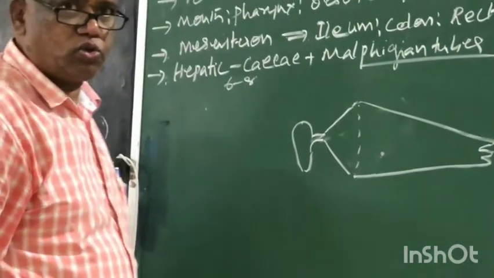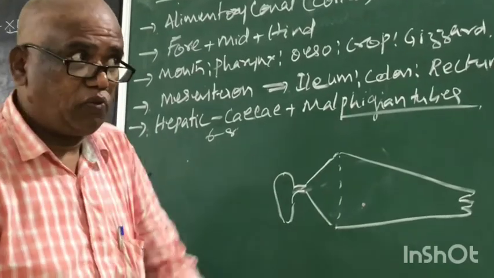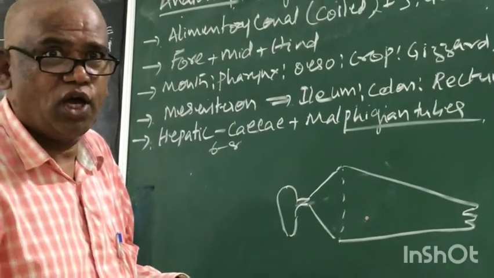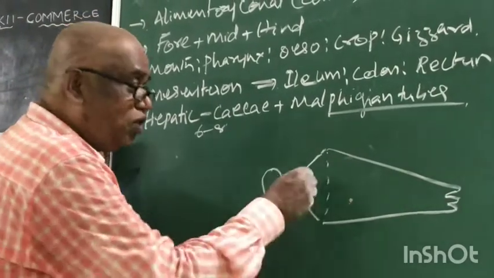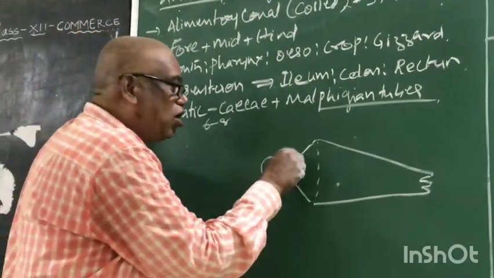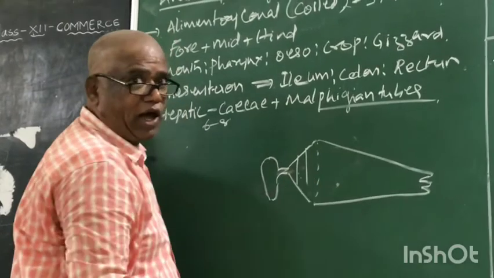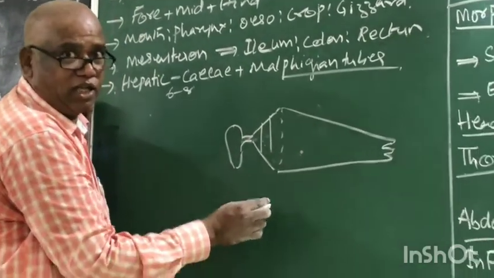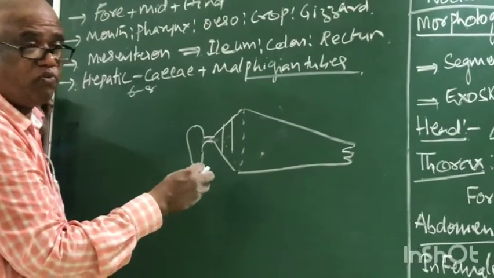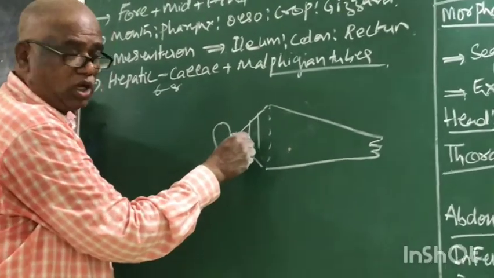The cockroach shows two types of locomotion: flying and running. Flying is by wings. So the cockroach has wings. The wings originate in the thorax but not the abdomen. Now what is this area? This area is thorax. The wings originate from which body part? That is thorax.